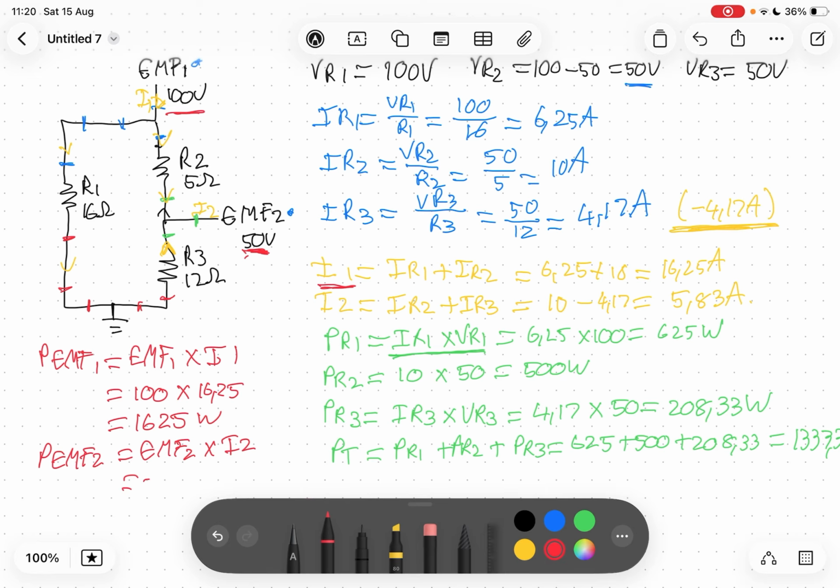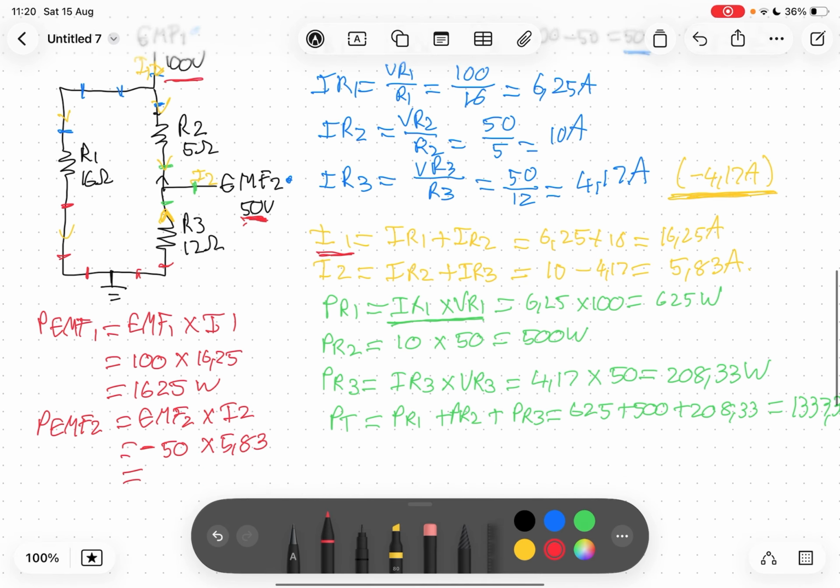So therefore it's minus 50 times 5.83. Therefore this will equal minus 291.67 watts.